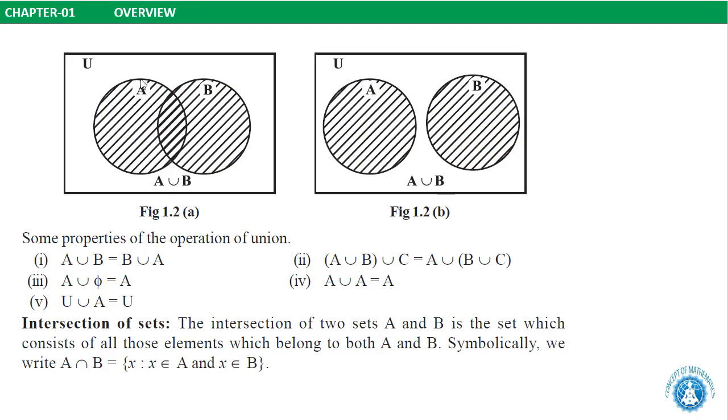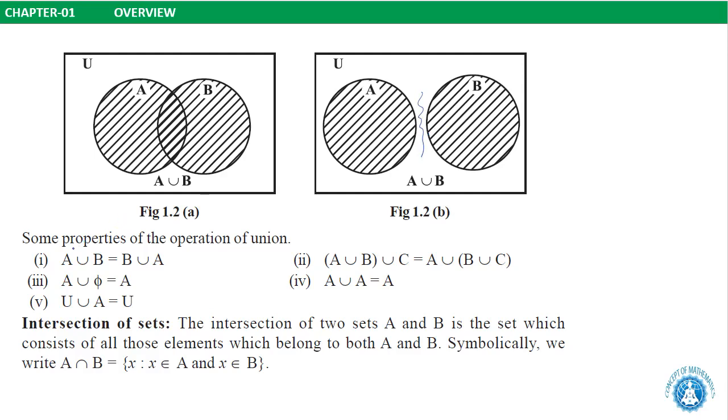So the elements in set A union B will be either in A or B or both. If set A and B are disjoint sets, that means there are no common elements between A and B, then this will be represented as this diagram. The separation between A and B shows these are disjoint sets.